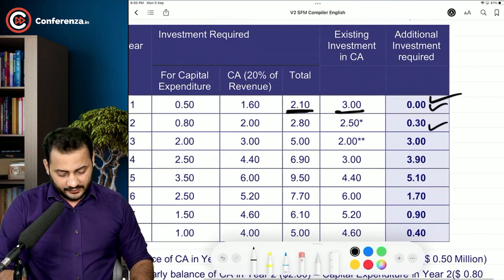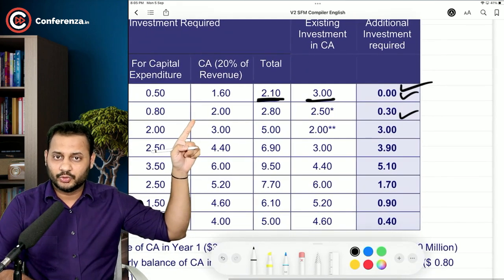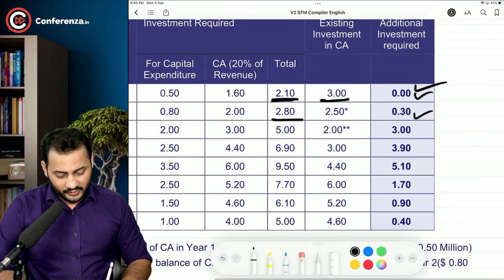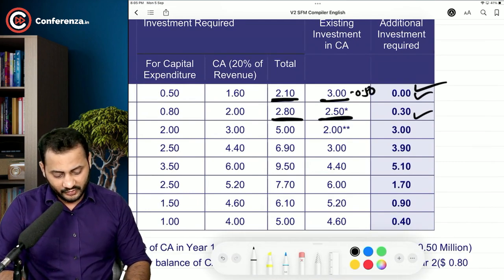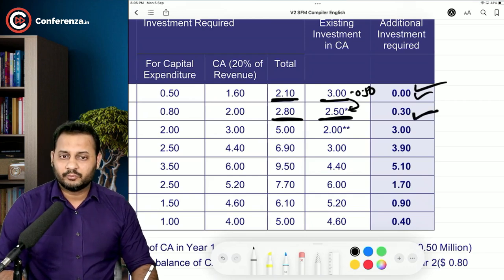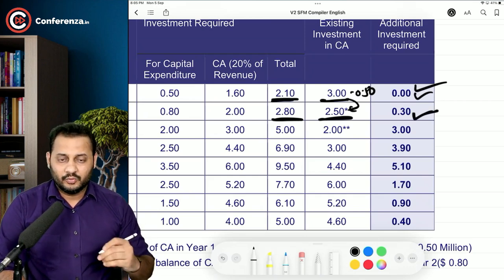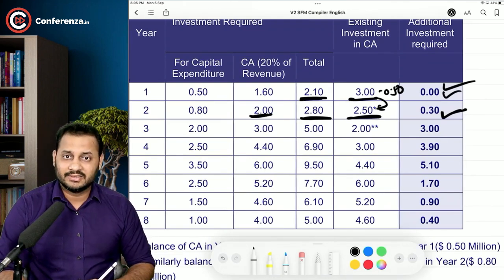True? Okay. In the next year it was 0.80 and the current assets required was 2. The total required was 2.8, but we had only 2.5 because we used 0.5 out of this. So additional required was 0.30. Now we have a proper balance of 2. This balance is now maintained.